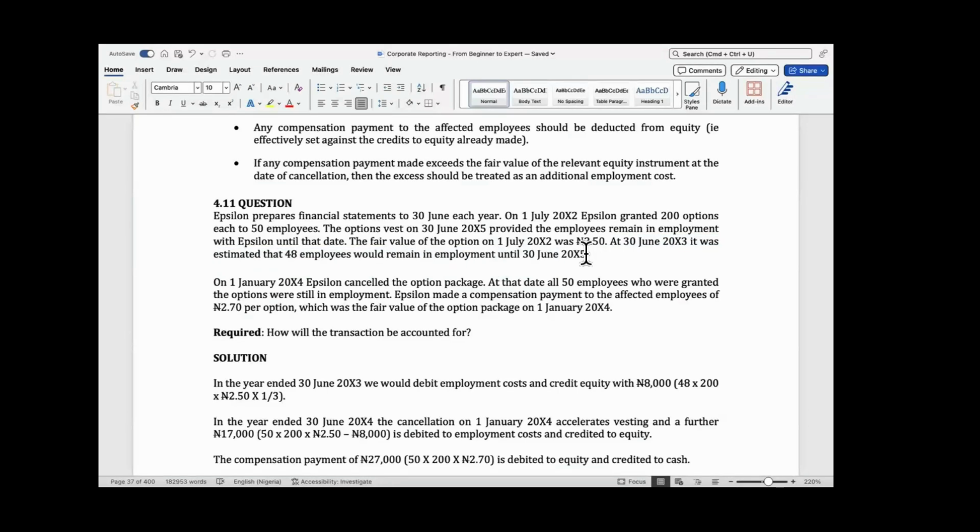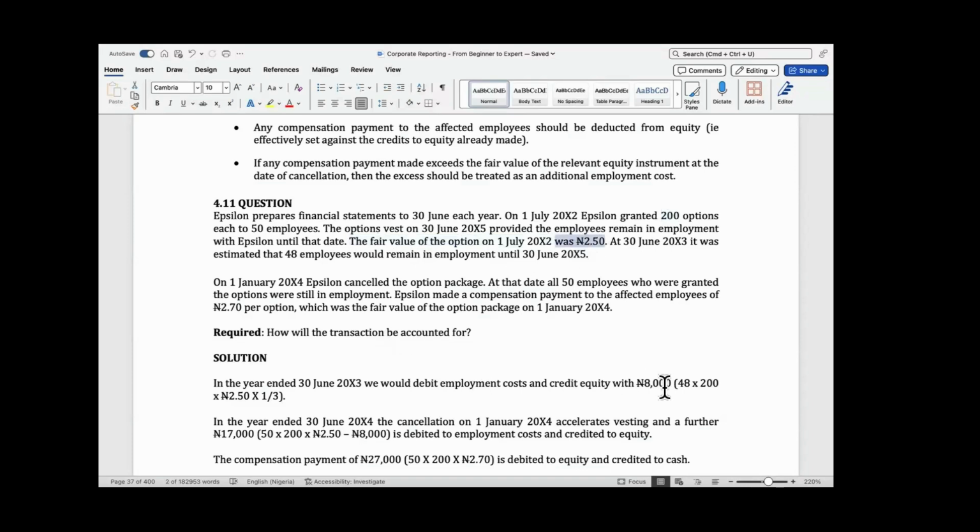So the exposure of the company as at this date is they are giving 200 options to 50 employees. We get the fair value of the option at the grant date, which is 2 naira 50 kobo.